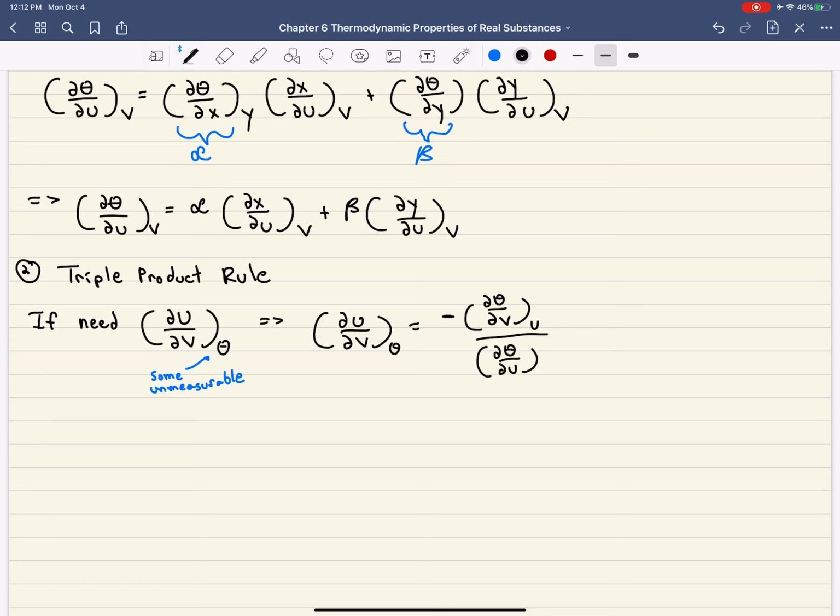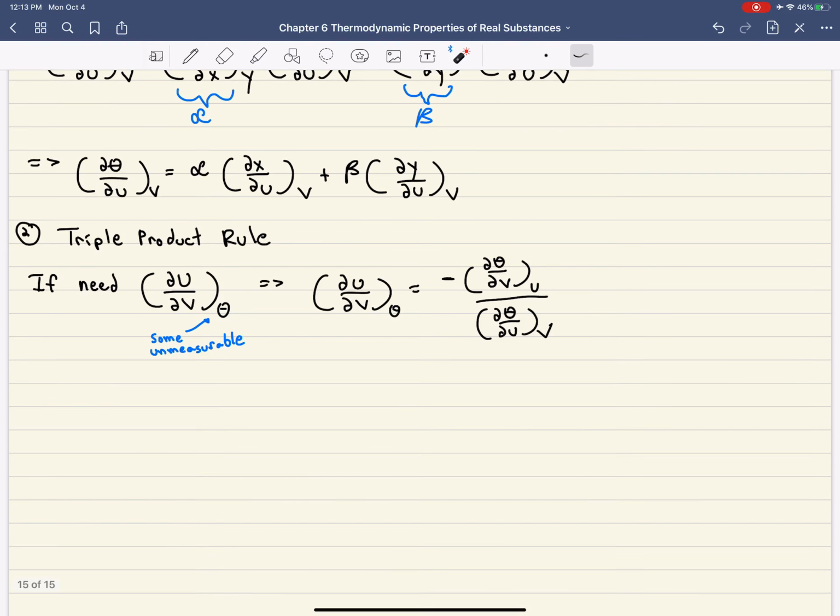The theta on the left-hand side, even though it's being held constant there, ends up in the numerator of the partial derivative on the right-hand side. This is useful if you want to rearrange the order of the variables in your partial derivative, and we'll use this tool in our derivations.